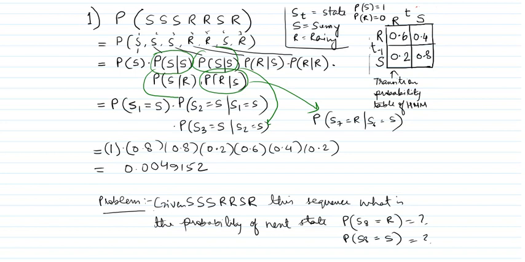We know the conditionals, but what is the probability that the 8th day is absolutely a rainy day or absolutely a sunny day?